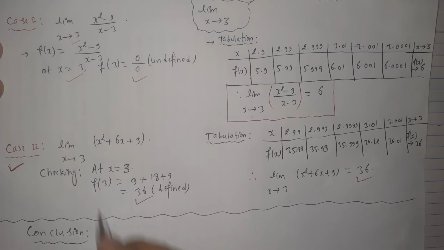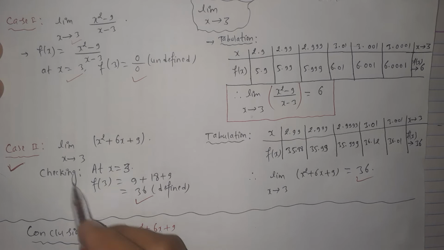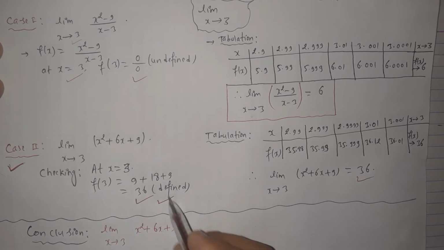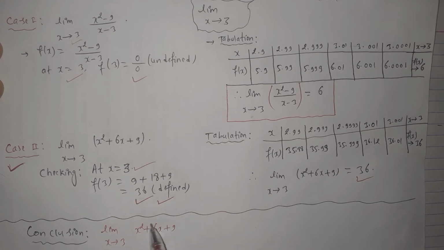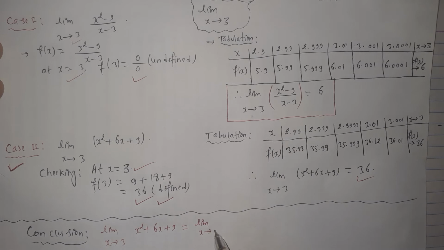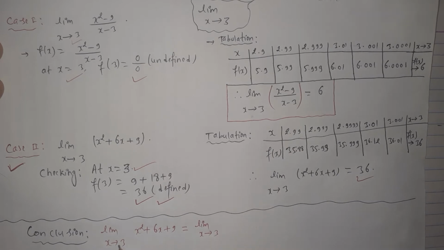So this can be written: limit x approaches 3 of x square plus 6x plus 9. First of all we have to check whether the function is defined or undefined. Here we check first that it is defined at x equals 3, and in the defined condition the method for the direct calculation of the limit is directly substituting this value of x.